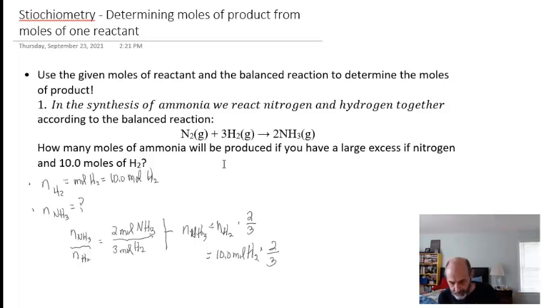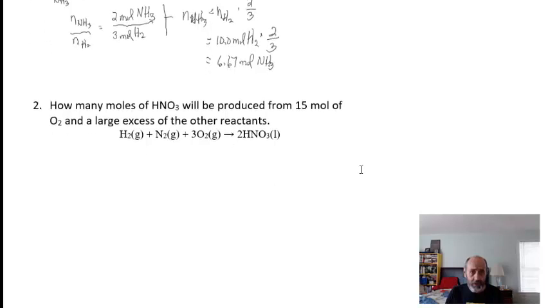If you follow the units through, even though I didn't write them down, you'll see that the result is the moles of NH3, which in this case is 6.67 moles of NH3. So that's our first problem, and we'll do another one just so we can practice.